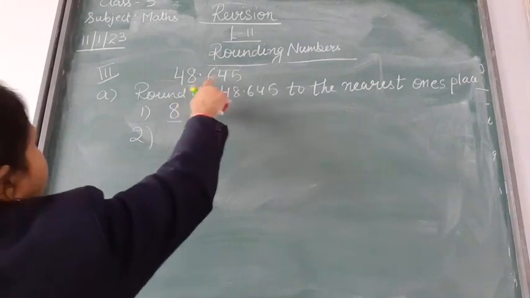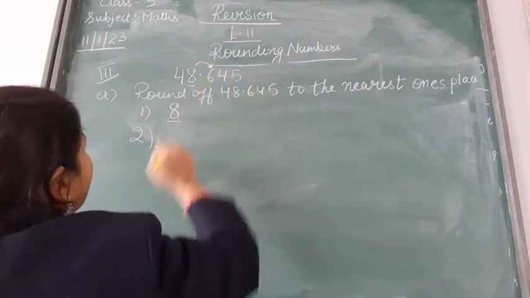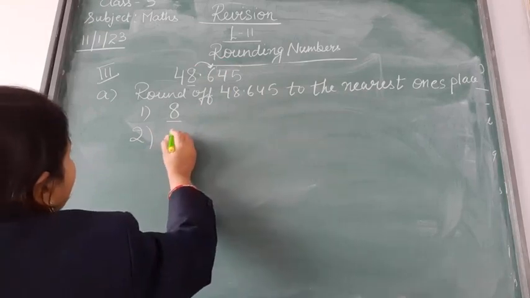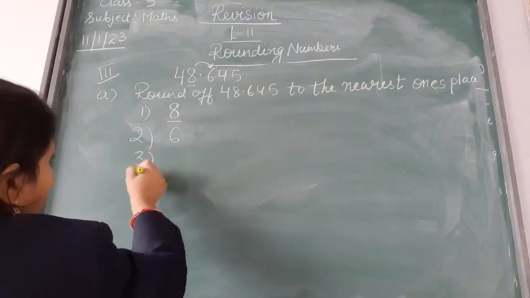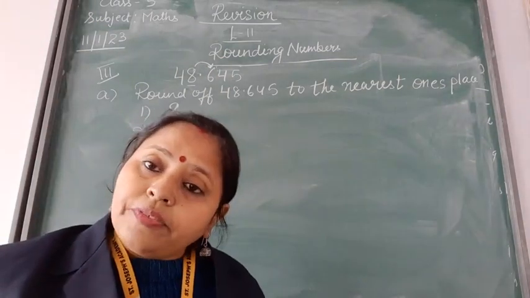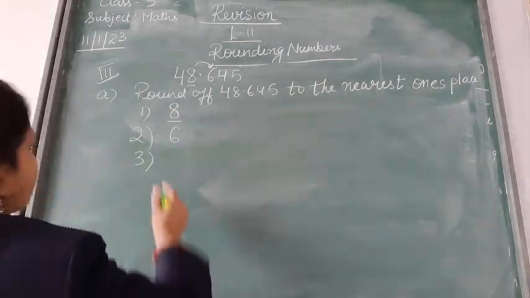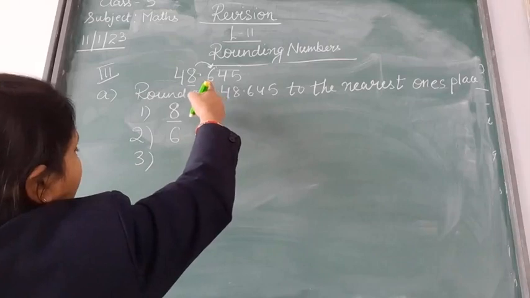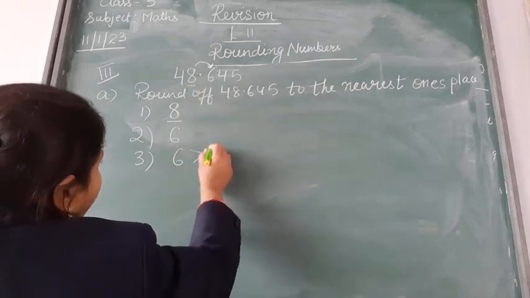So now in the second step, we will check the digit on the right hand side of the rounding off place. So what is the digit? It is 6, right? And in our third step, we will follow the same step. We will check whether 6 is bigger than 5, equal to 5 or less than 5. And in this case, the digit on the right hand side of the rounding off place is bigger than 5. 6 is bigger than 5.